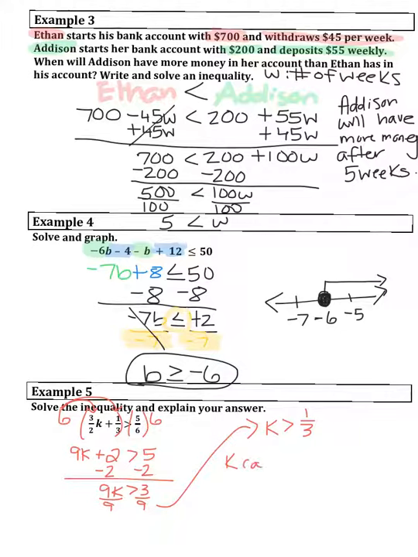K can be any real number greater than 1/3.